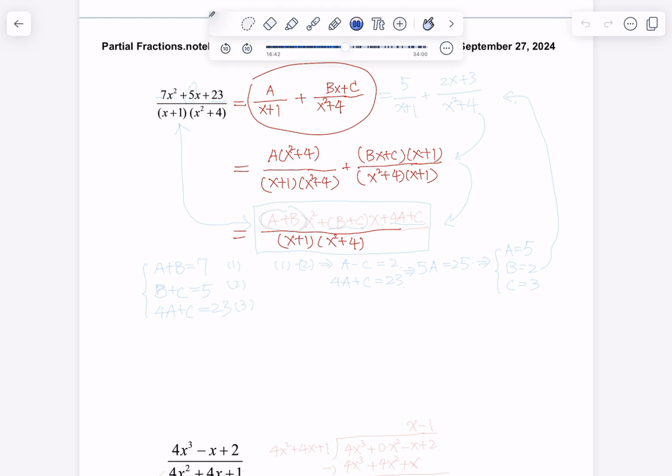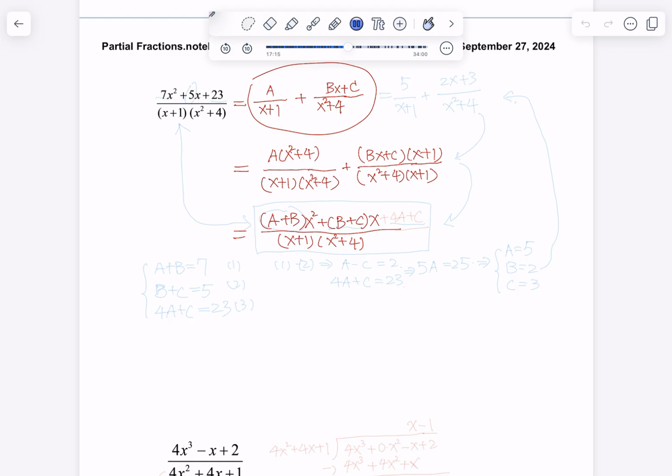For the numerator, let's collect the coefficients for x squared. You would have a plus b as the coefficient for x squared. Then let's look at the coefficient for x. That will be b plus c.